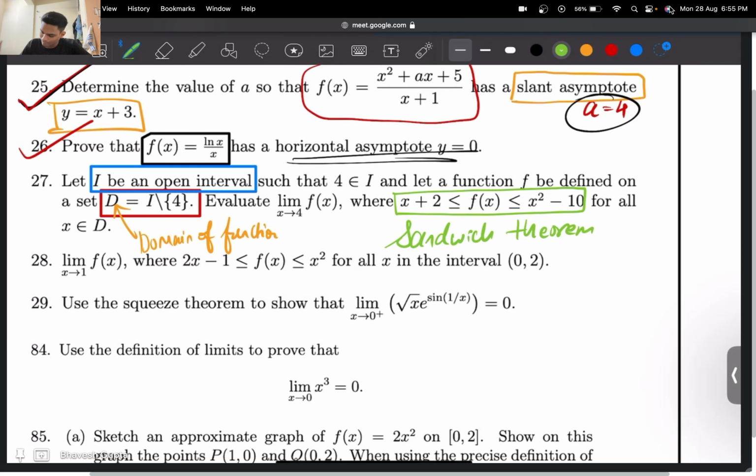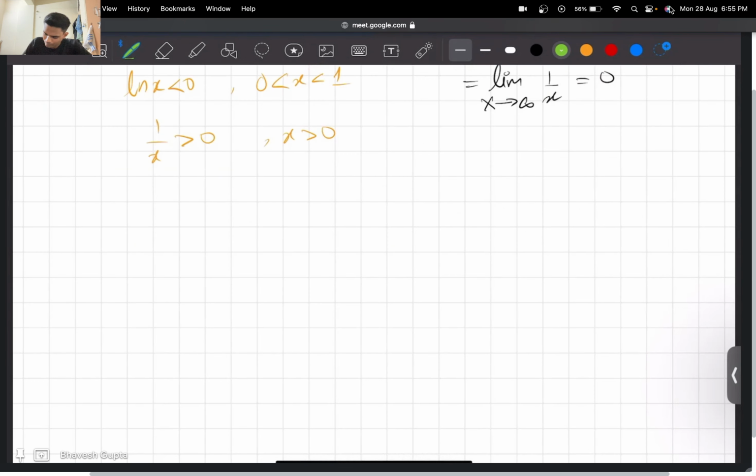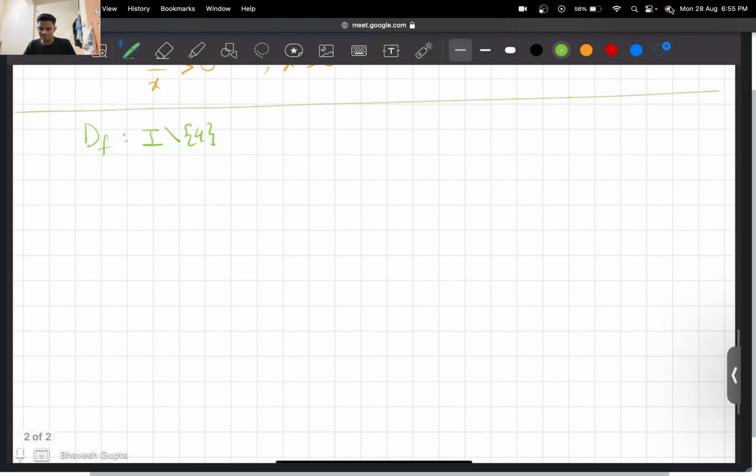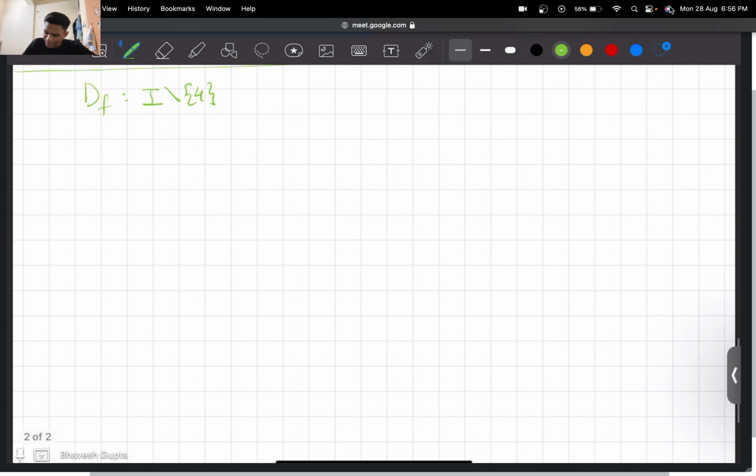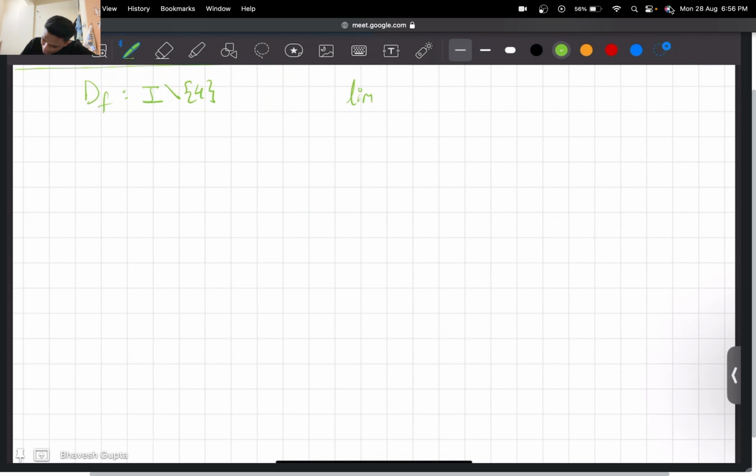And the idea is that over here, since they have not given me a function, they just told me there is a function which has a domain some I backslash 4. That means 4 is removed just because a function is not well defined in this case. And we just want to figure out what is the limiting value. They want you to find this, which we don't know, but they have given me something interesting.